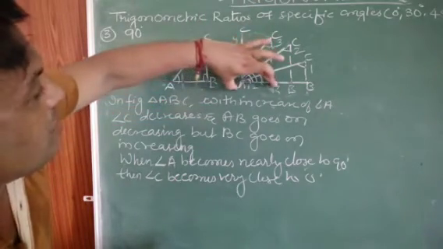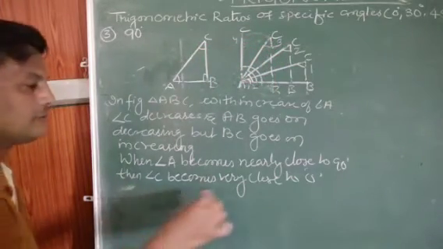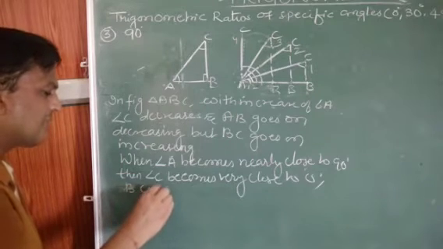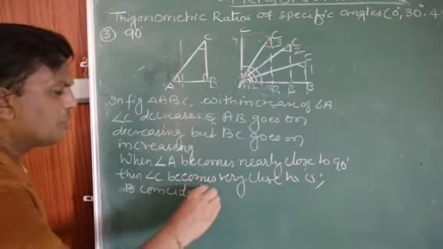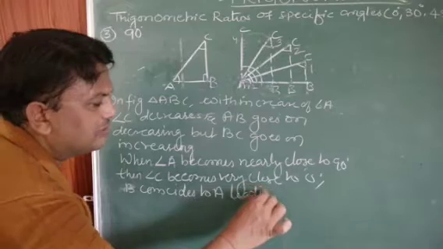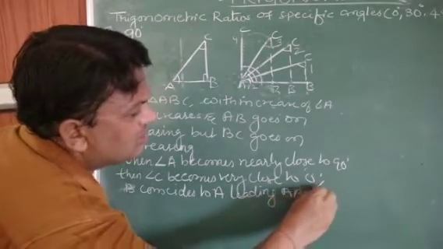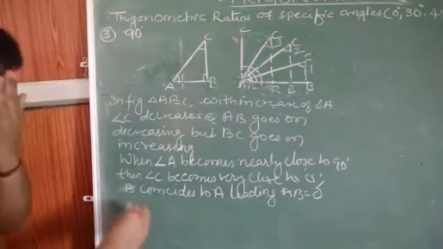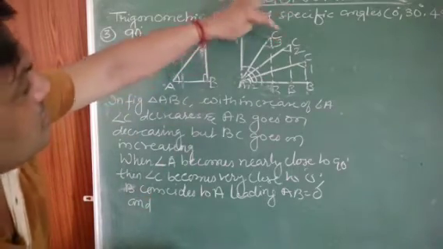And A and B will coincide. B coincides to A, leading to what? AB is equal to 0. B comes exactly close, so the gap between them is 0. And C coincides.